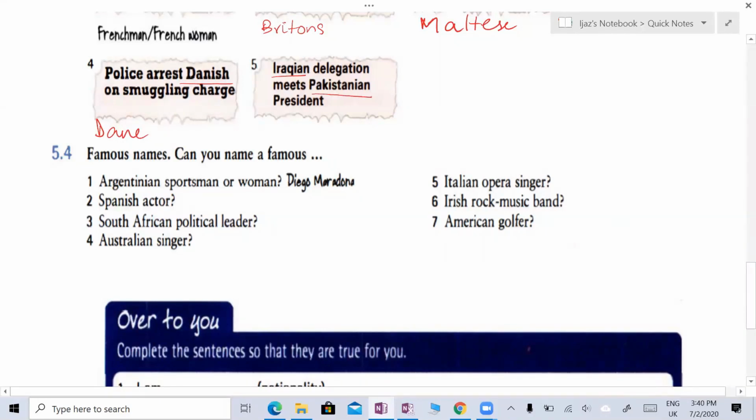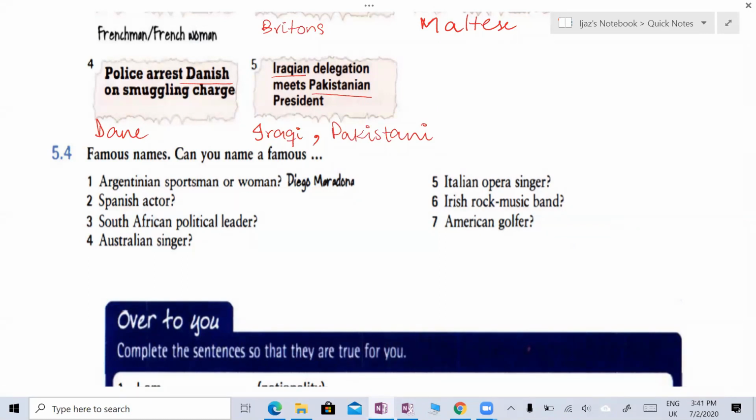We don't say Pakistanian, we say Pakistani. It's Iraqi delegation. We don't say Iraqian, we say Iraqi. And we don't say Pakistanian, we say Pakistani. Okay, so it's Iraqi and Pakistani.